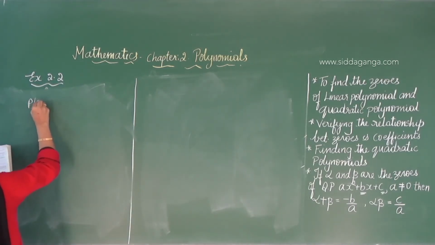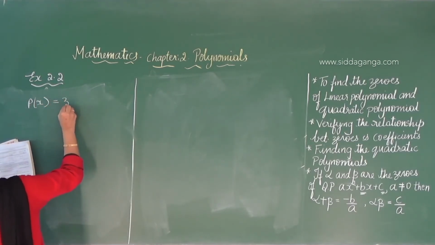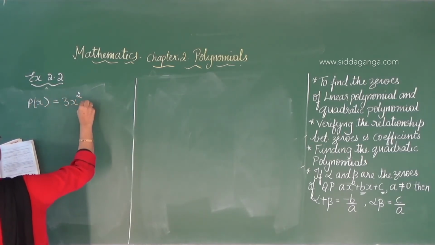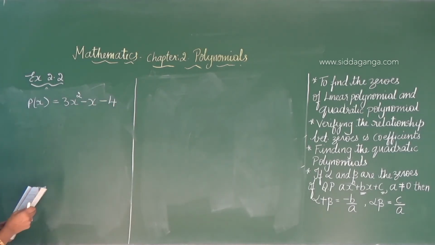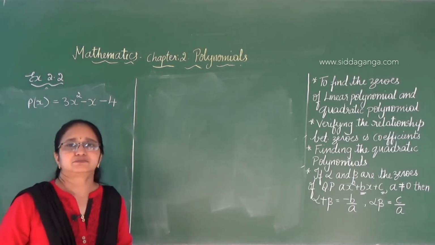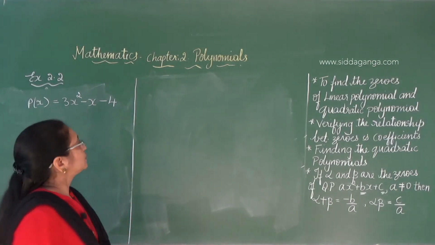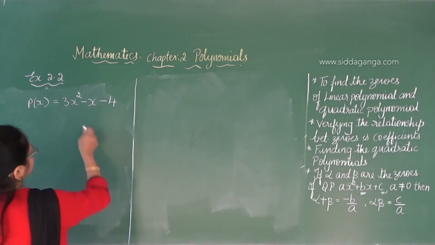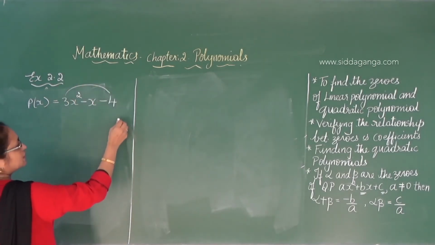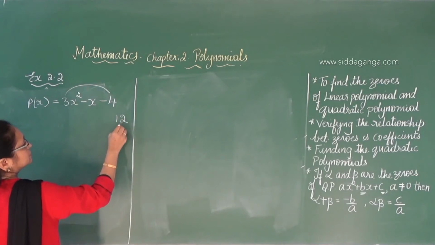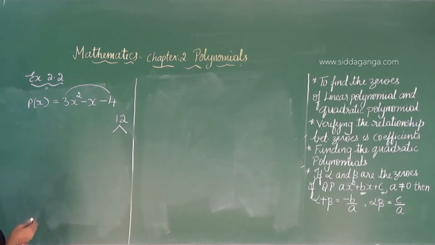The last one we have p of x is equal to 3x square minus x minus 4. Now here again splitting the middle term. So you know 3 4s are 12. Then how will you split now?